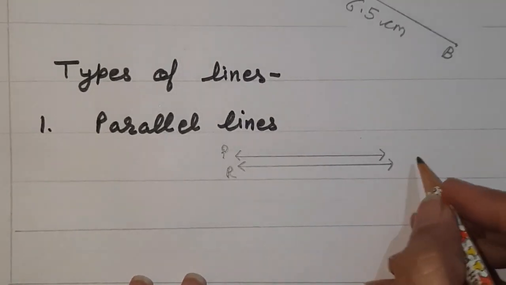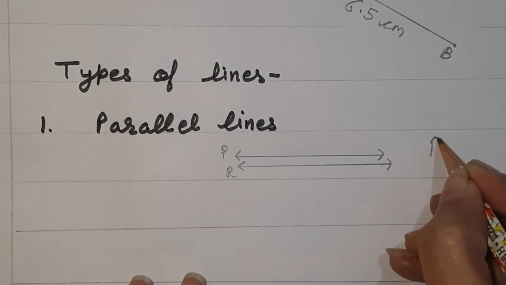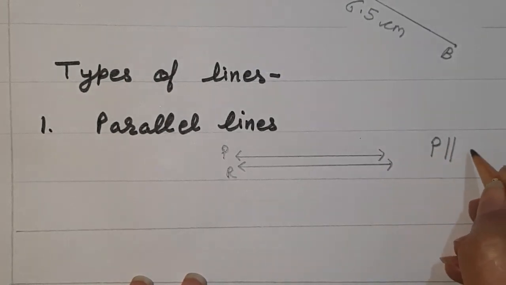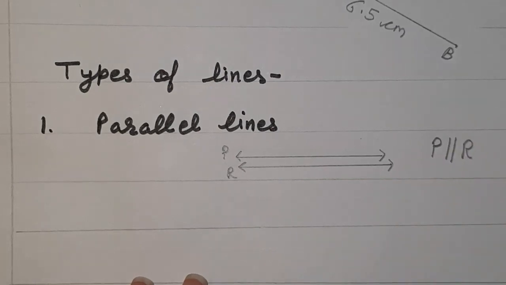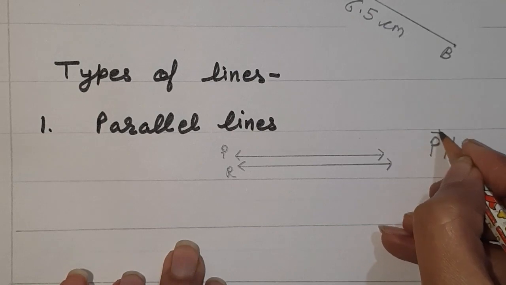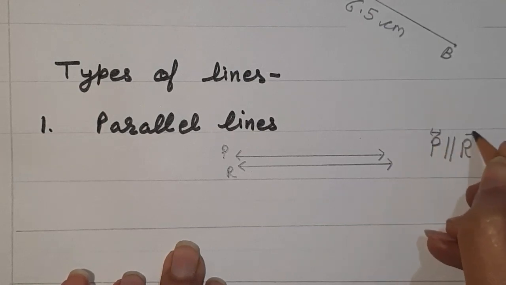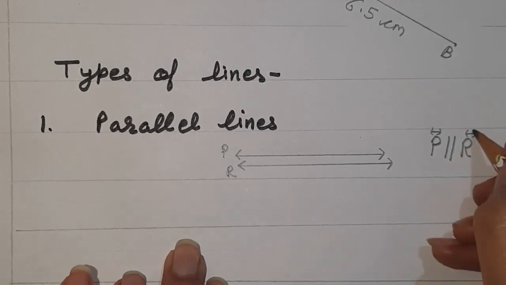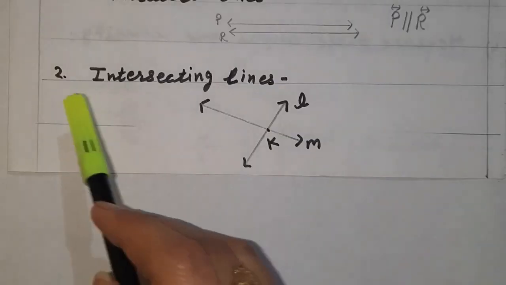Okay, so P is parallel to R, and as it is a line, you can mark the symbol. It is not marked in your book, but you mark it.